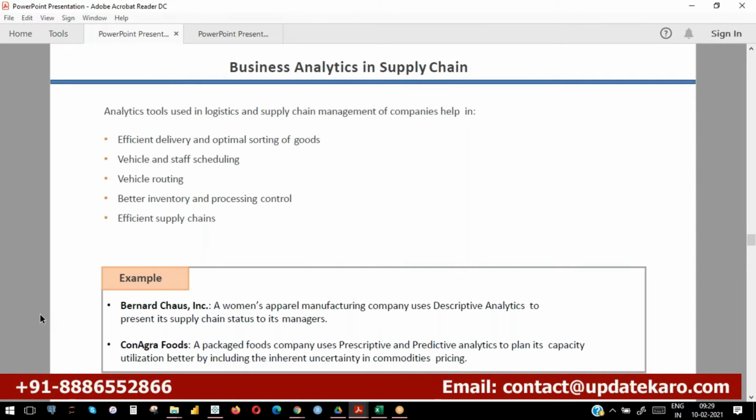So now we are only considering three examples here. The first one is supply chain. So what is supply chain? Can anybody tell me what it is related to?